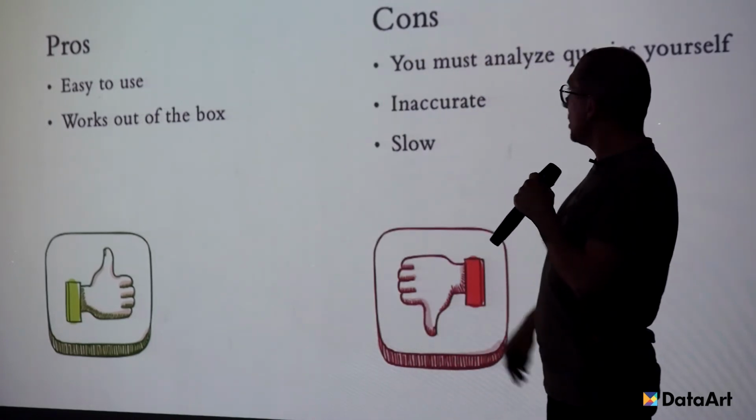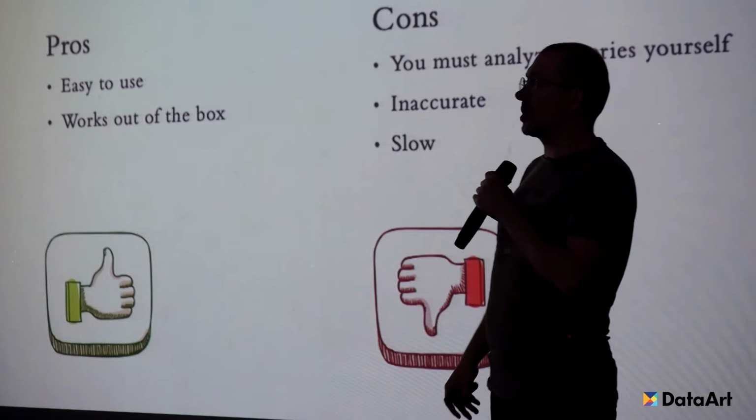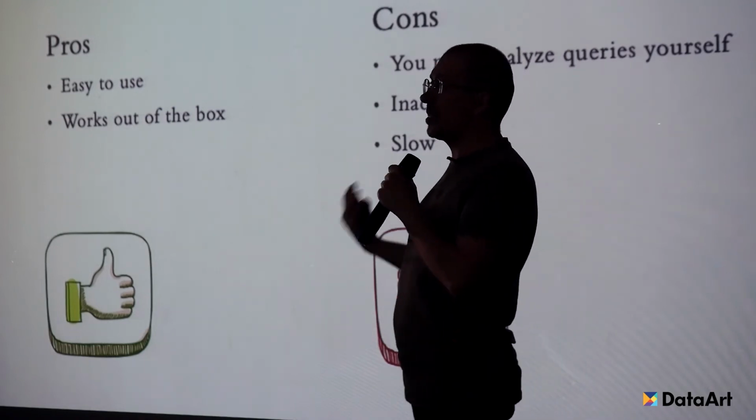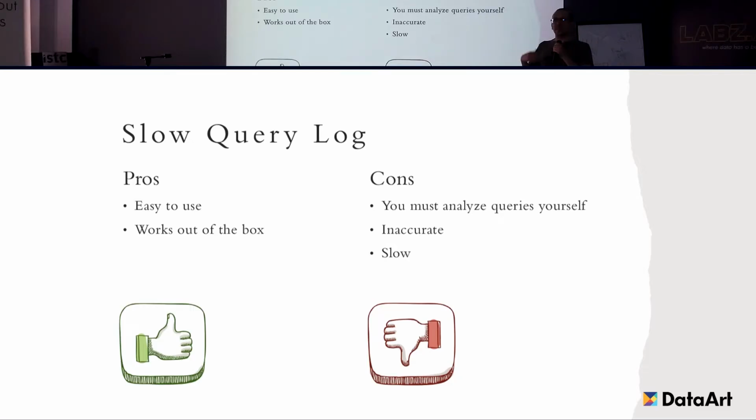But it's not very accurate, because Postgres writes in this log only queries that are slower than the time that you pass it. So you might say, okay, log queries that are slower than, I don't know, 1 second, or half a second. So it's not all the queries.